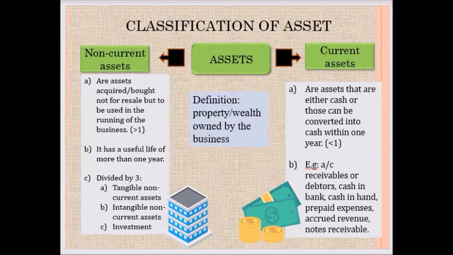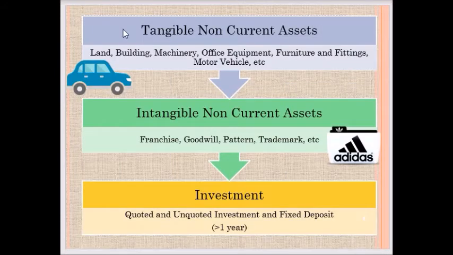Tangible non-current asset, for example, is like land, building, machinery, and anything more. It's an asset that can be used to operate the business. Intangible non-current asset is like franchise, goodwill, trademarks, and patents.